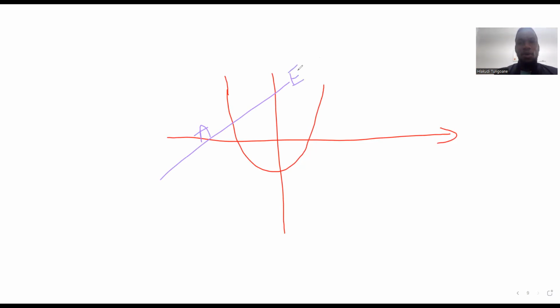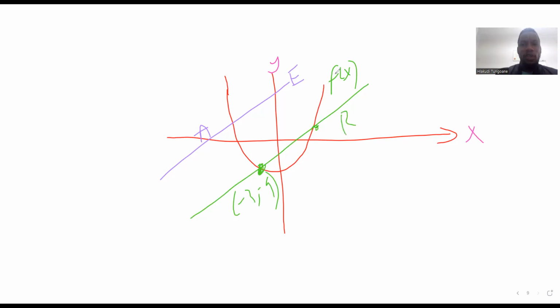I'm just trying to make a point here, with x and y. There's another line that is parallel to this line. So let's assume this is the line that they're talking about. That line cuts the f of x at two points. One point is -3 and -9. The other one is point R. We don't know that R. So they want us to get the coordinates of this R.